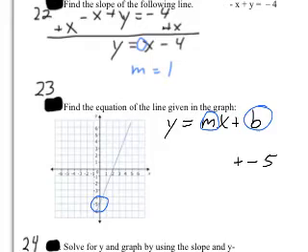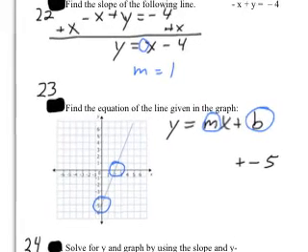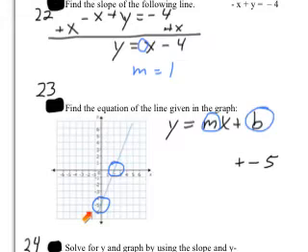Okay, so now we've got to find another point that we're sure of. And another point we can be sure of is this one right here. So we've got our second point. So we'll count up from our point that we have, our y-intercept. Let's see how many we go.